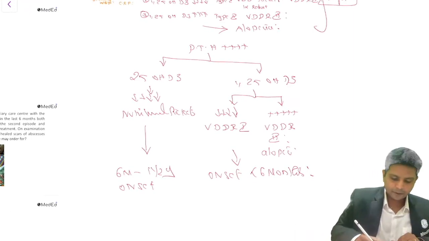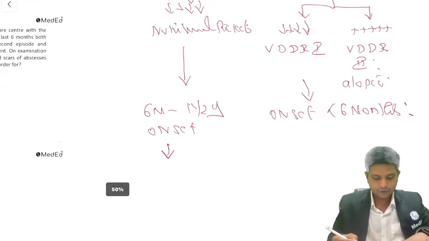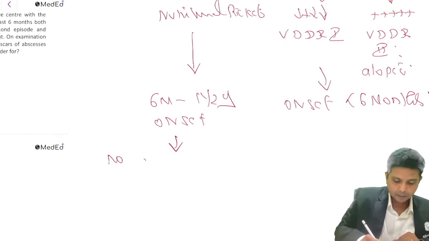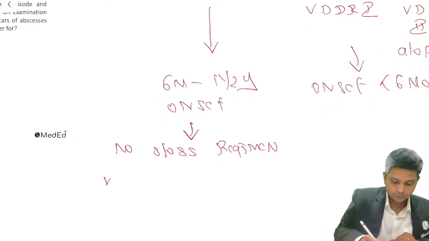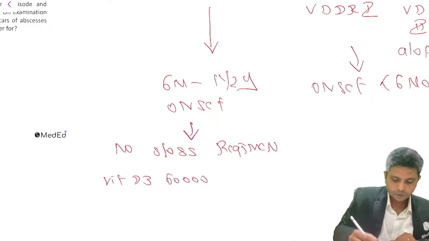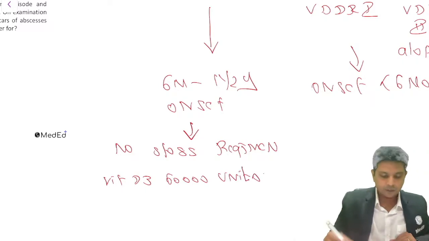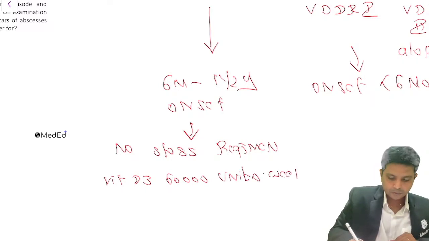So what is the treatment? Nutritional rickets. Now, what is the thing you need to do? Vitamin D3, 60,000 units weekly once, for 8 weeks.